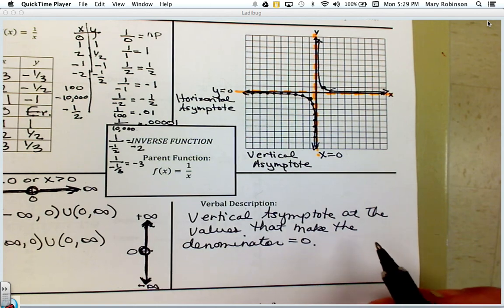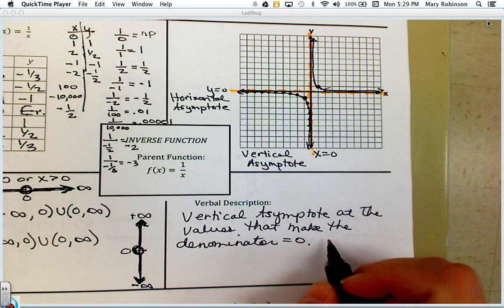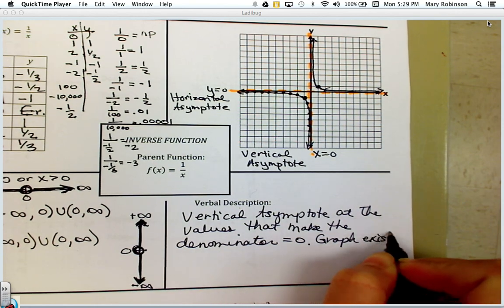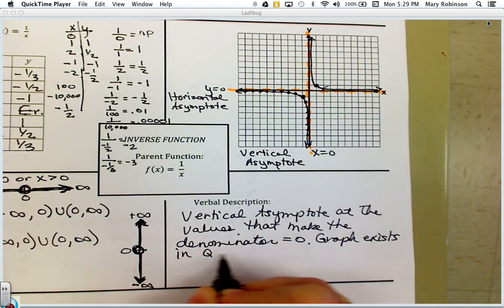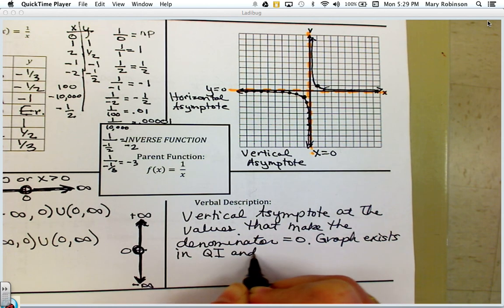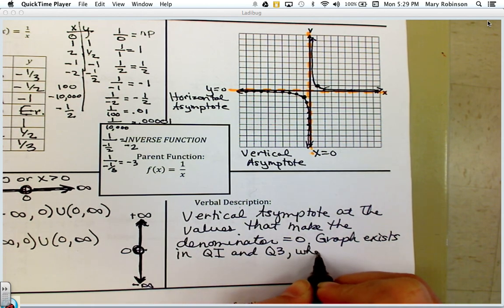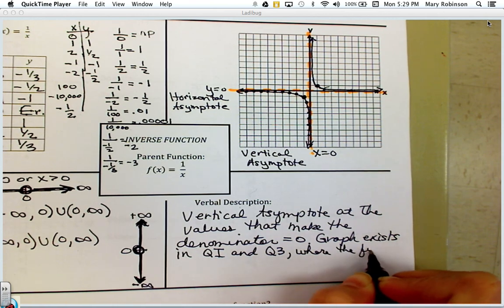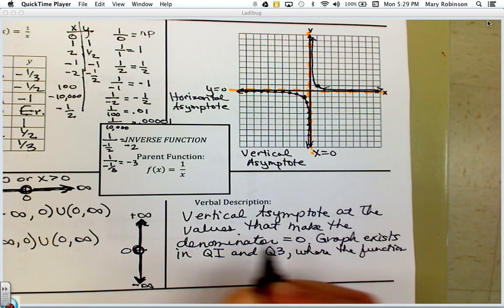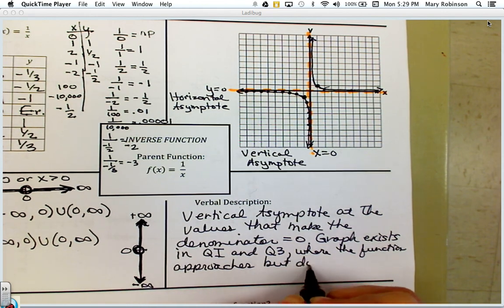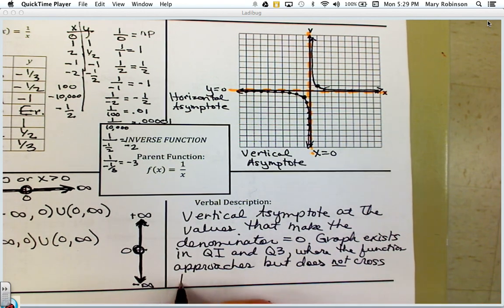We can also state that our graph exists in quadrant 1 and quadrant 3, where the function approaches but does not cross the asymptotes.